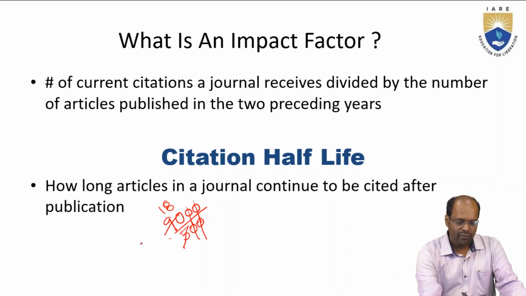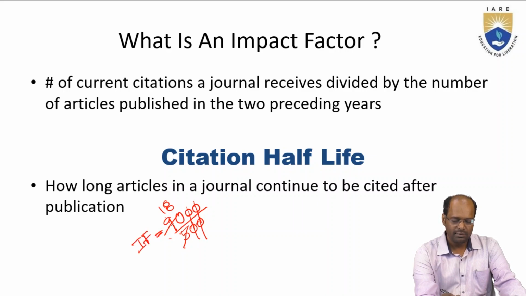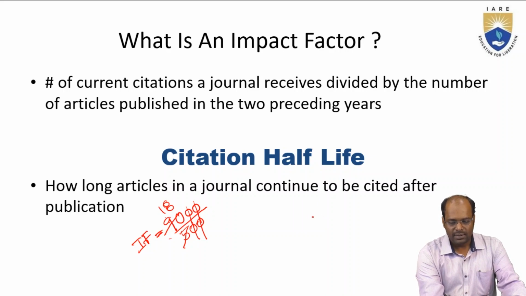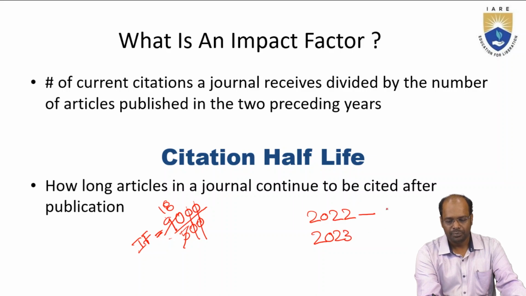So the impact factor of ACS Energy Materials means the number of articles published in 2022 and 2023; total citations are 9000 for 2 years, divided by how many articles are published. Suppose you assume in 2022 it published 300 articles.